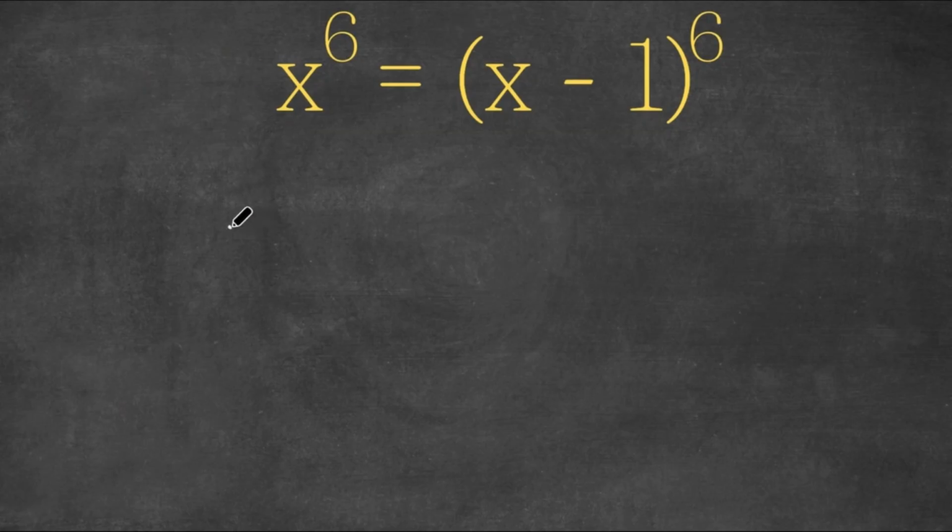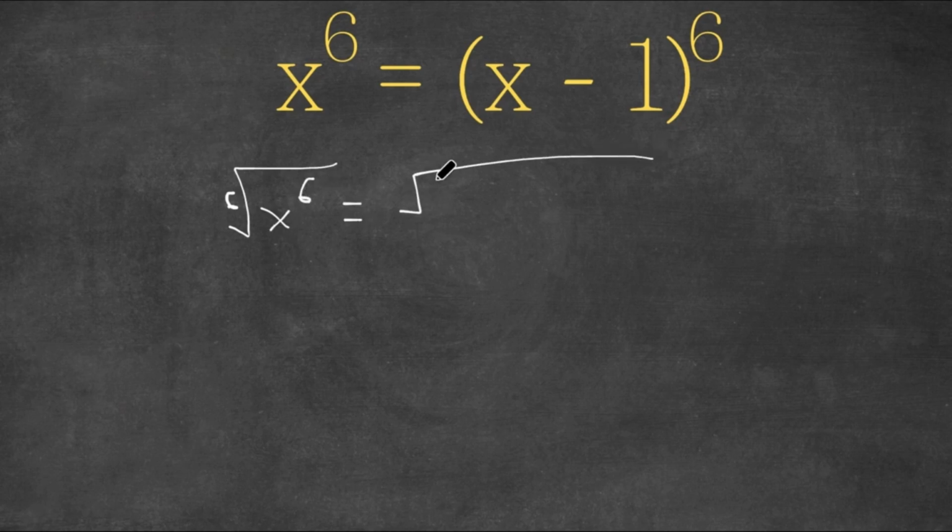So x to the power of 6, we're going to do the sixth root, and this is going to equal the sixth root of x minus 1 to the power of 6.